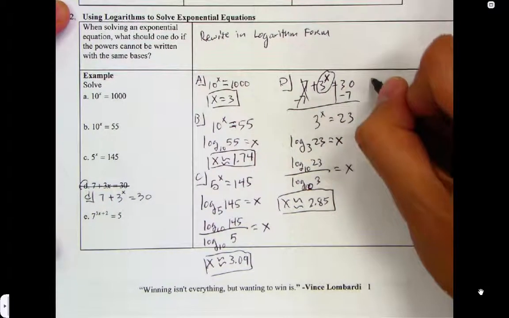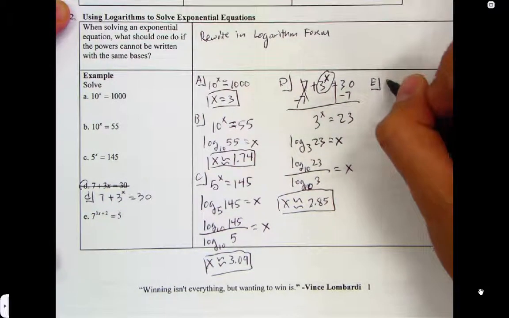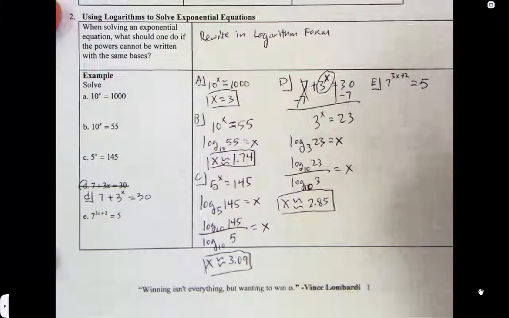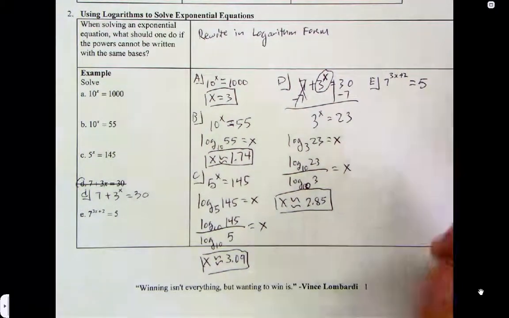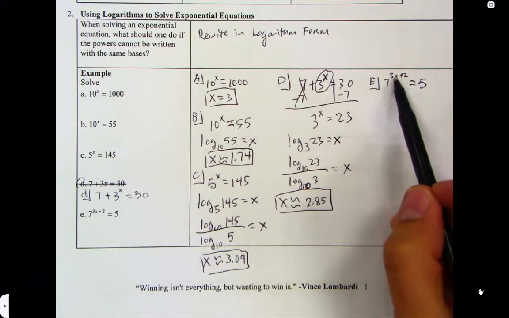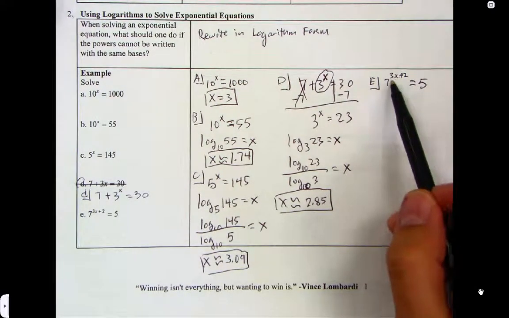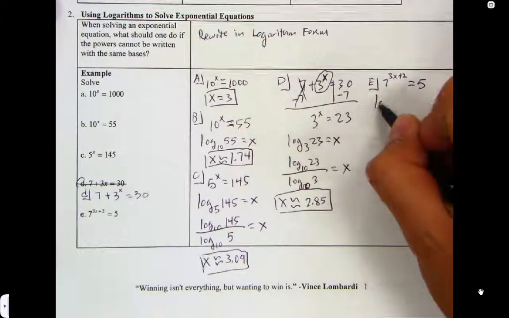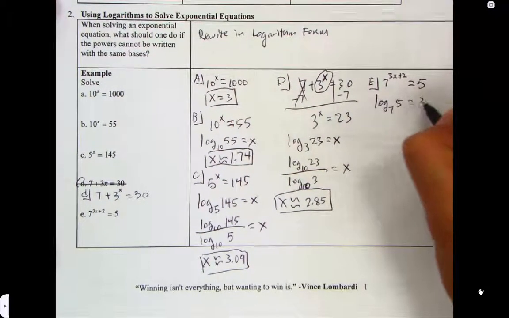E, 7 to the 3x plus 2 is equal to 5. This is an exponential equation because the x is in the exponent. It's already by itself. I can't rewrite it in the same base, so I'm going to rewrite it in log. Log base 7 of 5 is equal to 3x plus 2.